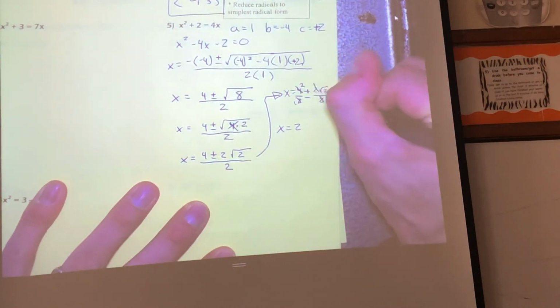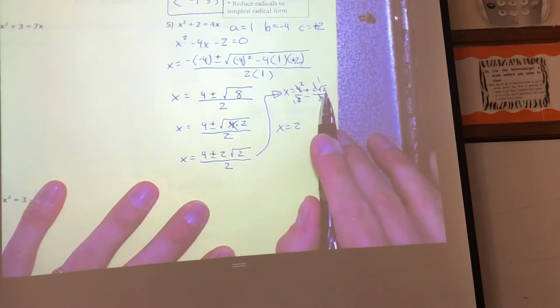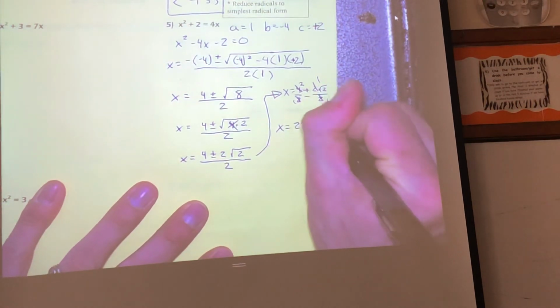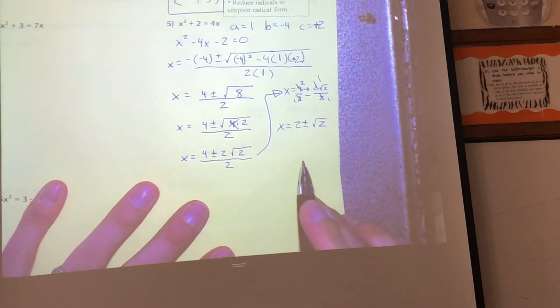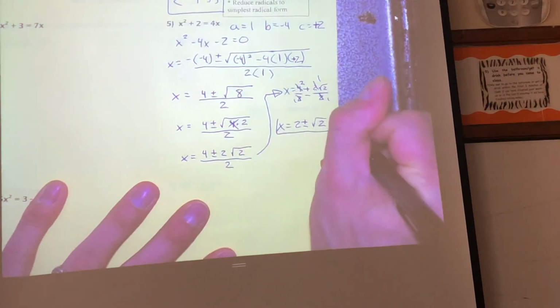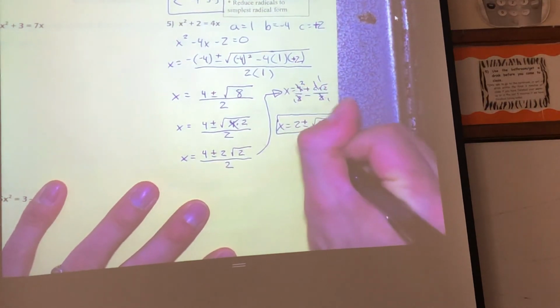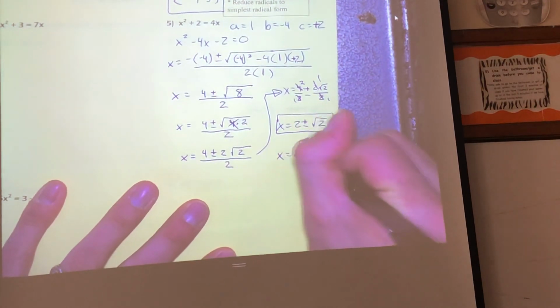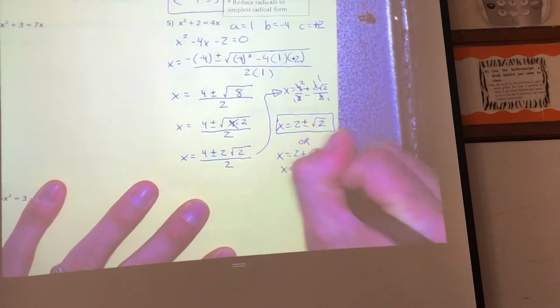These 2 simplify to 1s. Can't simplify this 2 underneath because there's a radical. So I can leave my answer like this, or I could do this as x is equal to 2 plus radical 2, x equal to 2 minus radical 2.